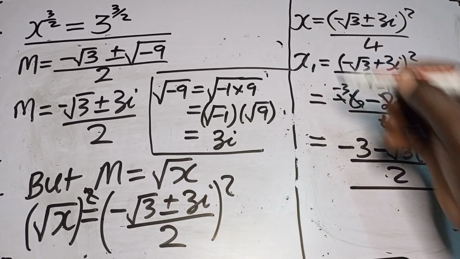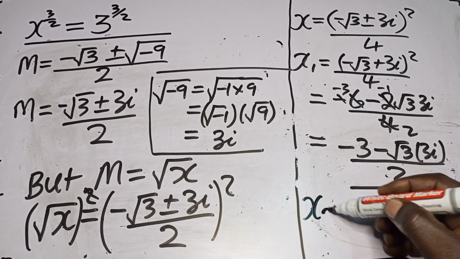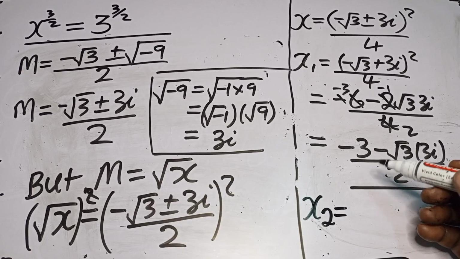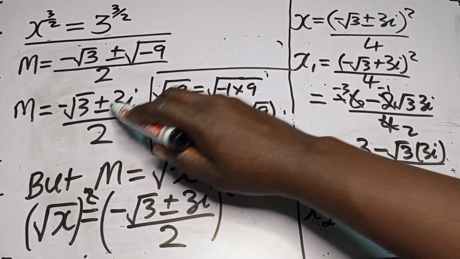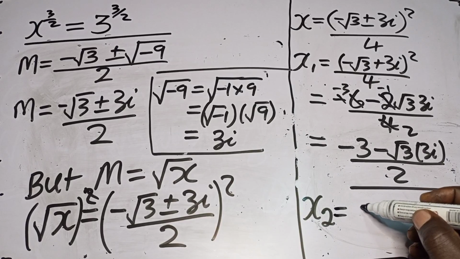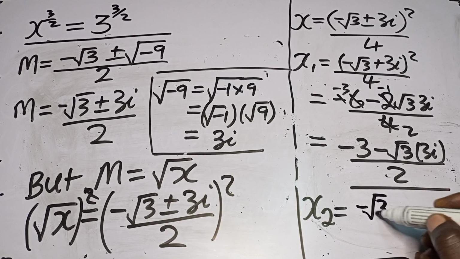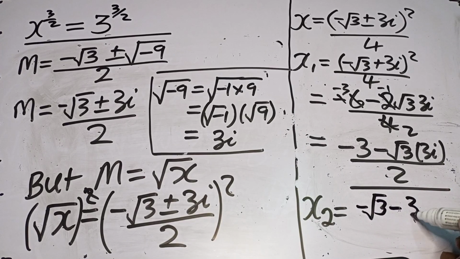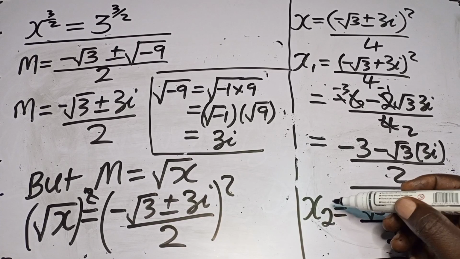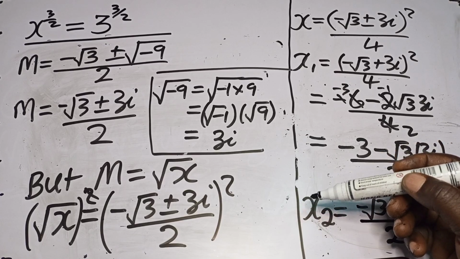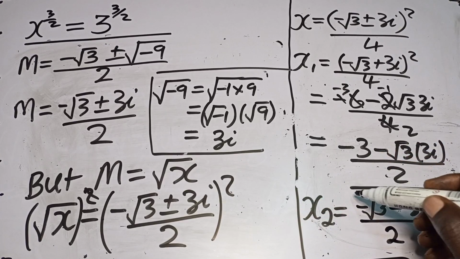Now we get the second value of x. This is x1. x2 will be, we now take the negative, so it will be negative root 3 minus 3i all over 2. Remember, x is obtained when we square both sides.